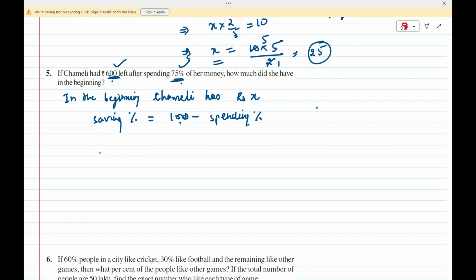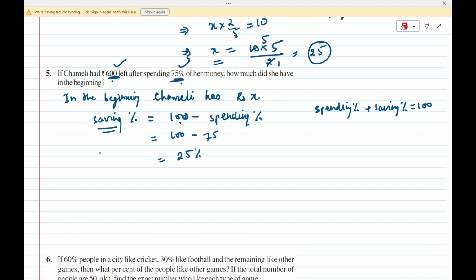See, spending percentage plus saving percentage is always 100. Suppose winning percentage plus losing percentage is always 100. So if two opposite quantities are there, their percentage will always be 100, correct? So here 100 minus 75, which is 25%.